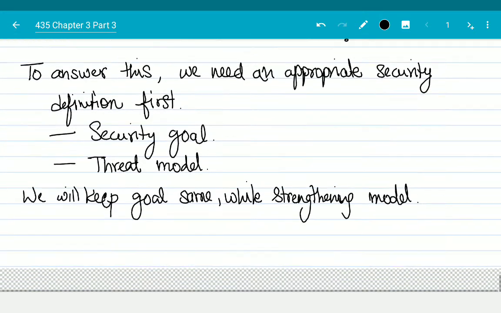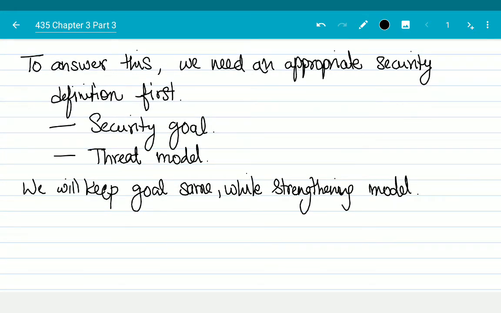Our single message secrecy so far was defined as follows.